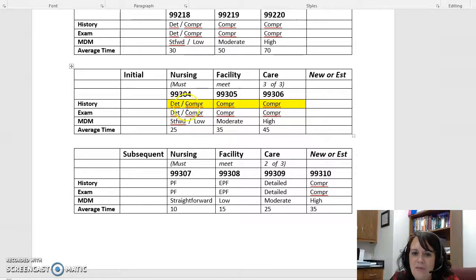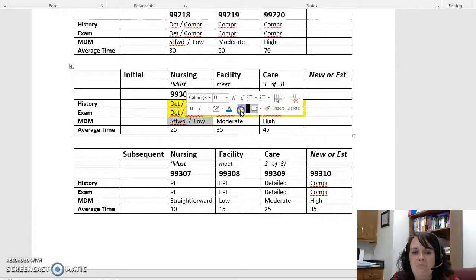Now that says detailed or comprehensive, comprehensive, comprehensive. So we just fill all the way across. Okay, we meet it all. What if the examination Dr. Thompson did was, again, comprehensive? What if the medical decision making was pretty low?